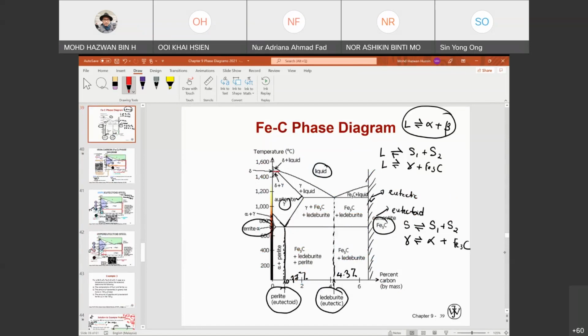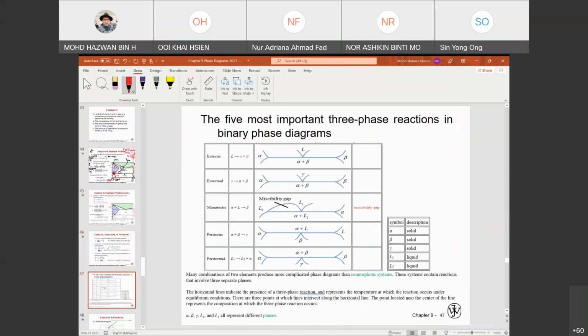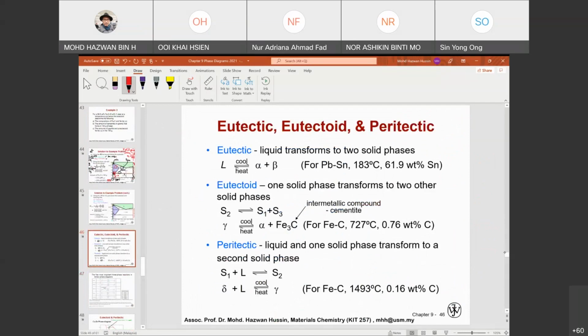We see at the bottom is austenite. So the reaction for peritectic is delta plus liquid double-headed arrow forms austenite. So this is the peritectic reaction.